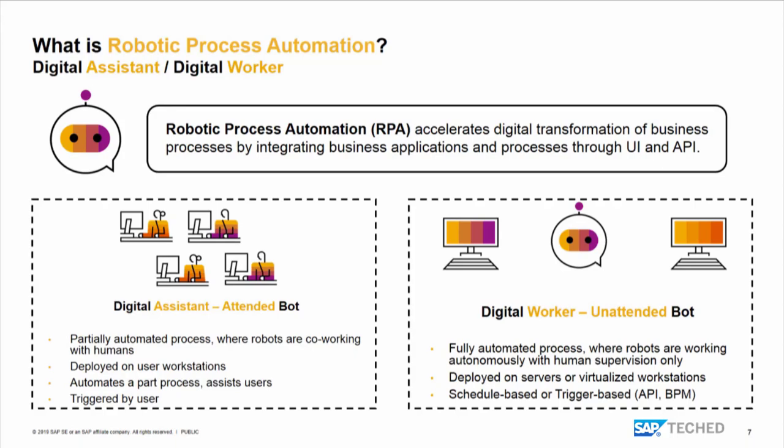And at one moment you see, okay, this process can be fully automated, so I will now convert it to an unattended bot. If you have the same technology, the same set of tools, the same skills, it will take a couple of minutes to jump from attended to unattended. Of course, if it's two completely different solutions, you will throw your scenario in the garbage and completely redevelop it.